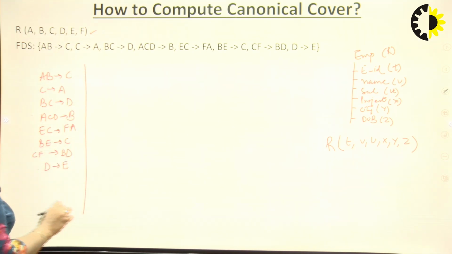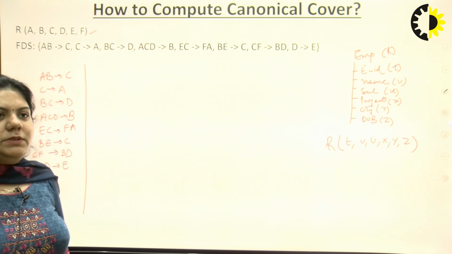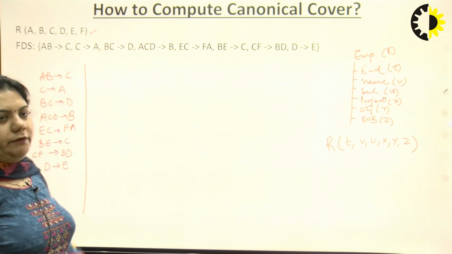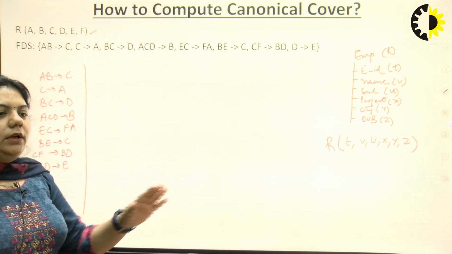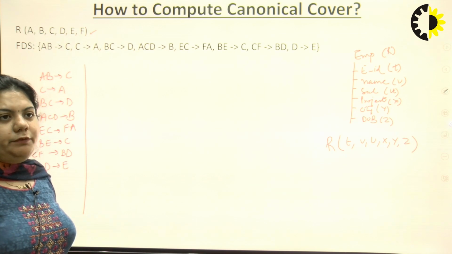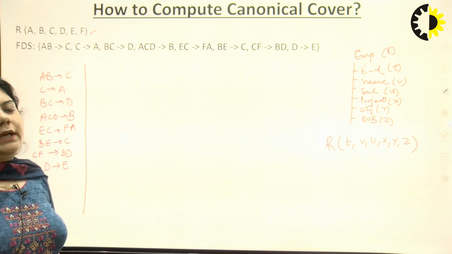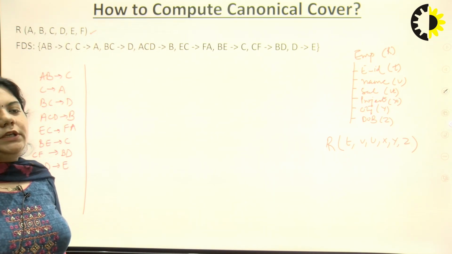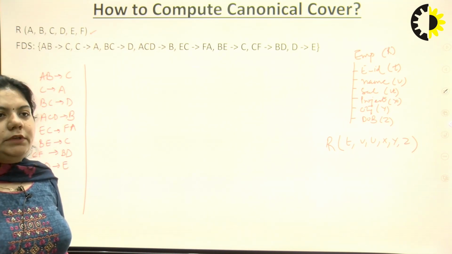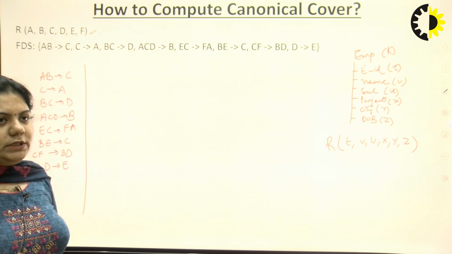Now, using the inference rules, that means Armstrong axioms, we can make other functional dependencies from these. We can decompose them, we can use transitivity, we can use the pseudo transitivity axiom; different axioms from 1 to 6 are there.